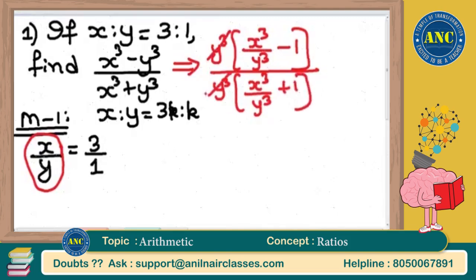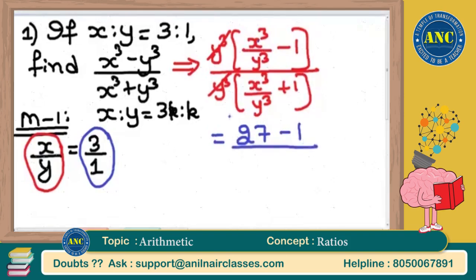Y cube cancels with y cube. Now, x by y value is nothing but 3 by 1. X by y whole cube will be 3 by 1 whole cube, which is 3 cube, 27, minus 1, divided by 27 plus 1.